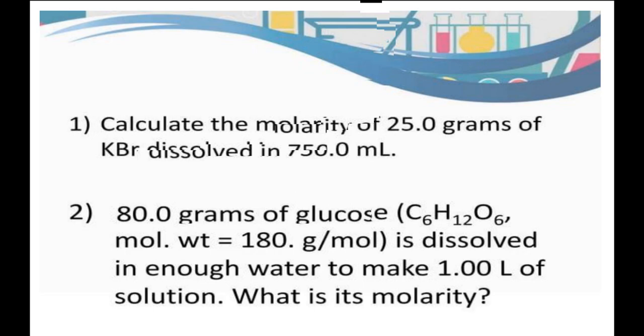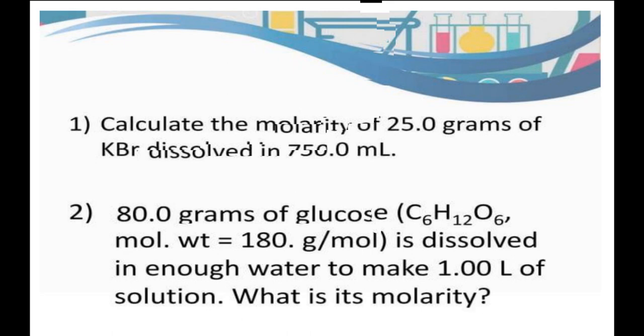So the molar mass of potassium is about 39.1, and that for bromine is about 79.90.